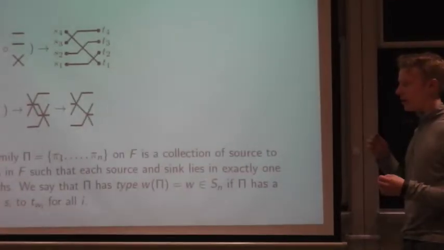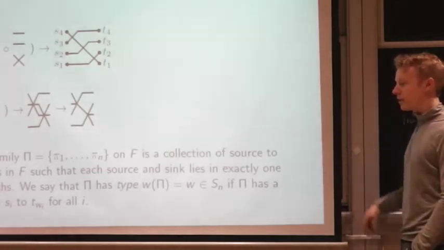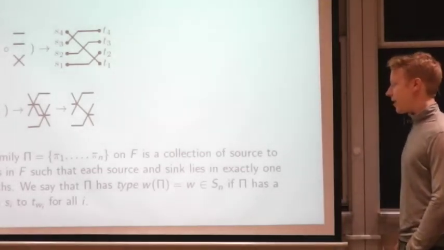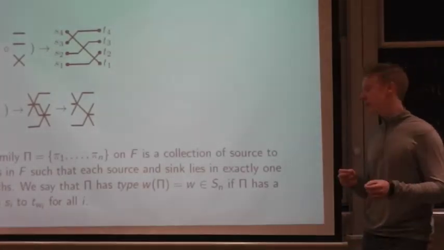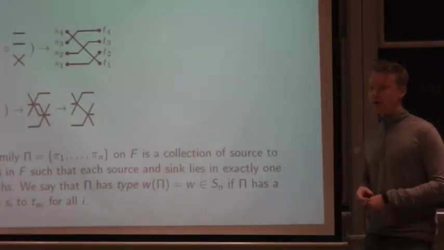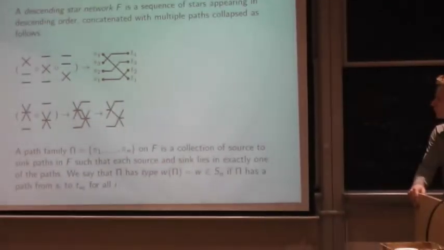So for every source, you have a path to some sink, and they're all distinct. We say that a path family has type W if there's a path from s_i to t_{W(i)} for all i, where by W sub i, I mean W of i.